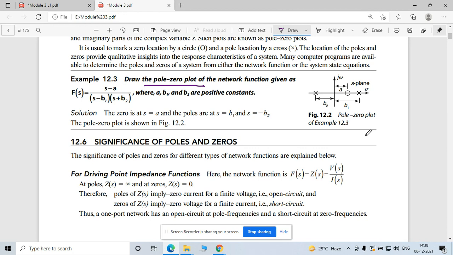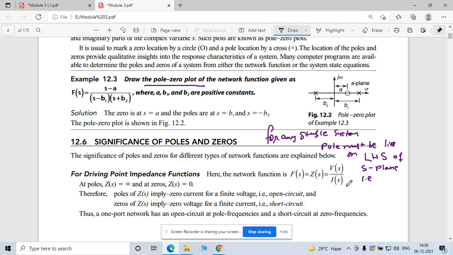Now, one more important thing: for any stable system, your poles must lie on the left-hand side of the S plane.